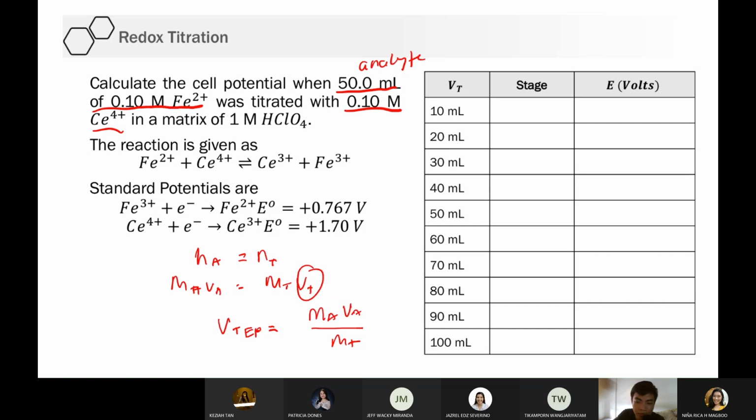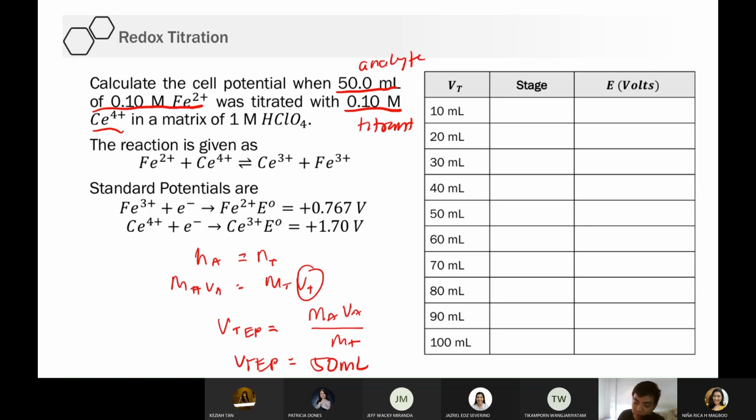So iron 2+ is our analyte, and the titrant is cerium 4+. Plugging that in, we get 50 times 0.1 divided by 0.1, so obviously VTEP is 50 ml.